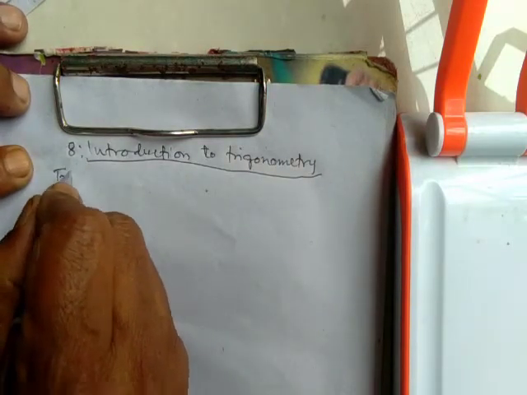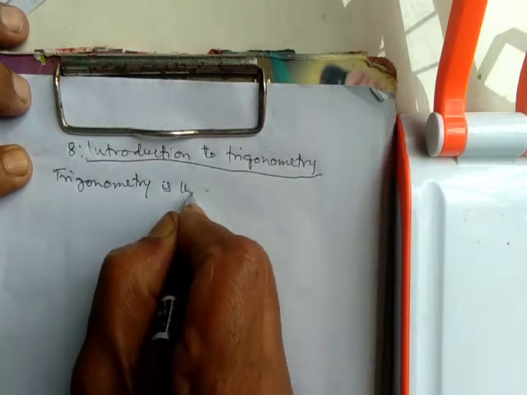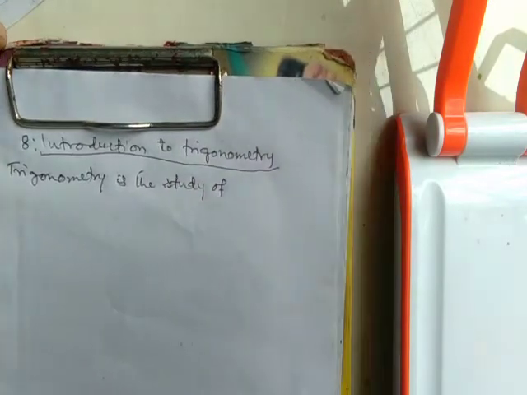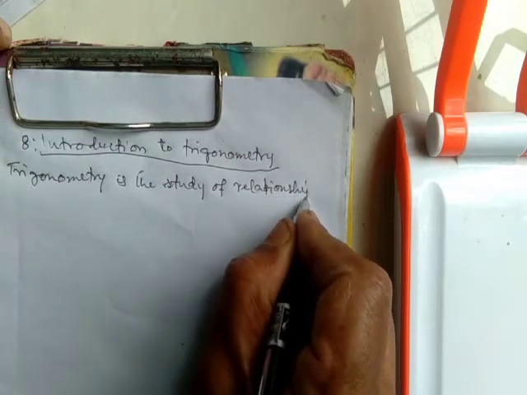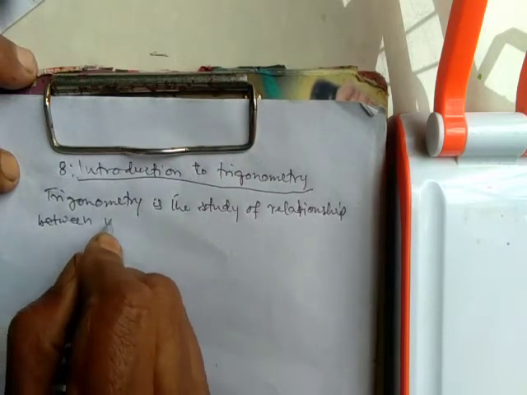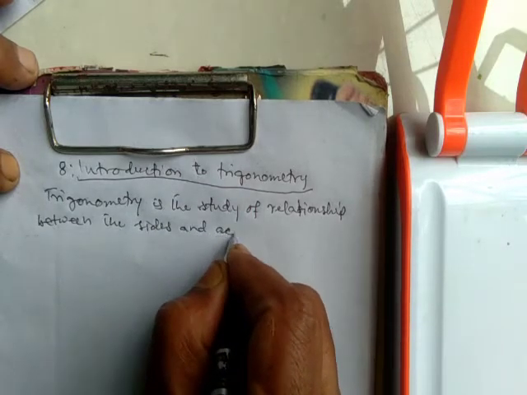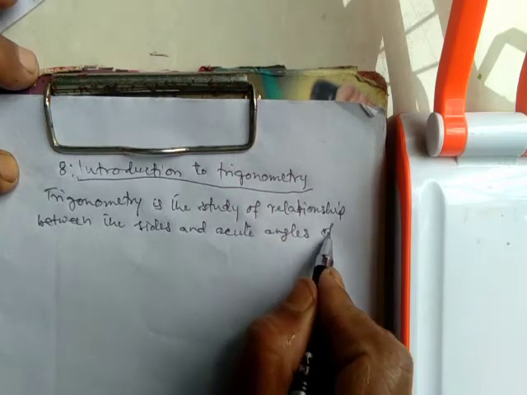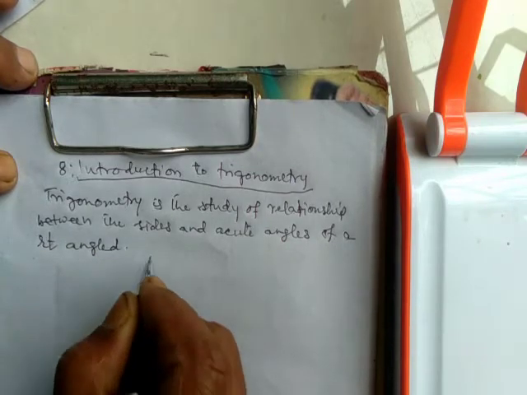Trigonometry is the study of the relationship between the sides and acute angles of a right angled triangle.